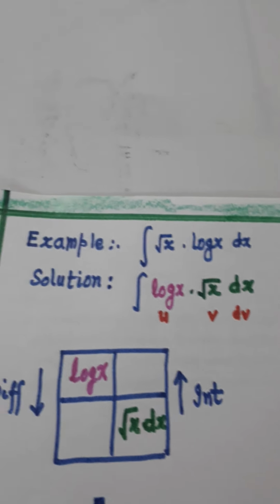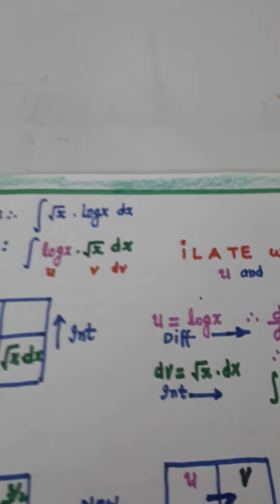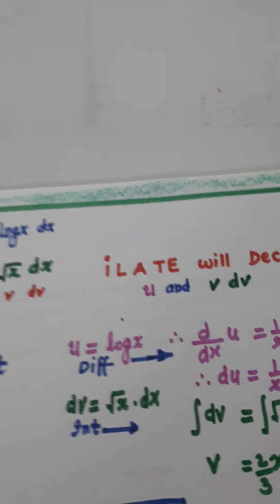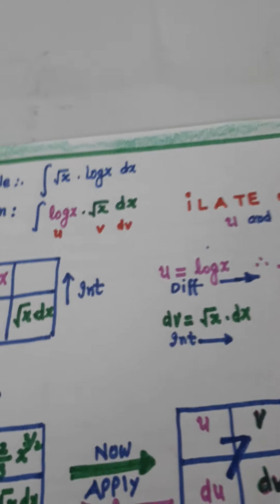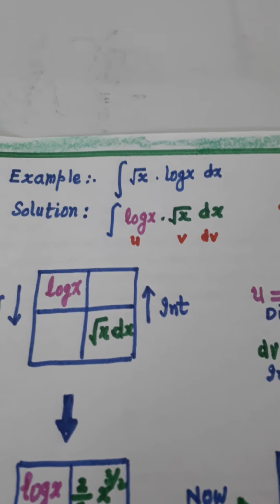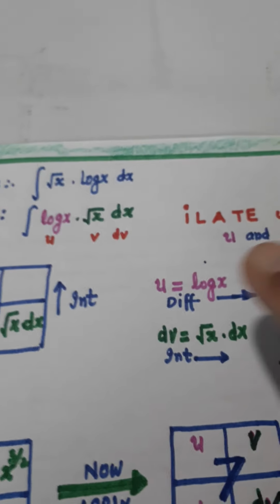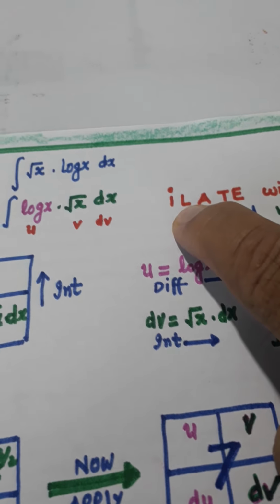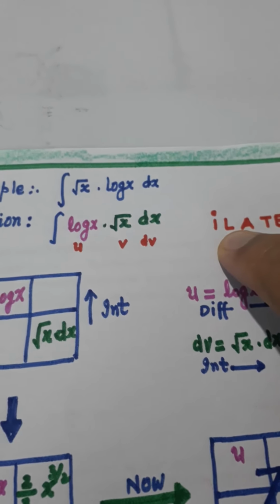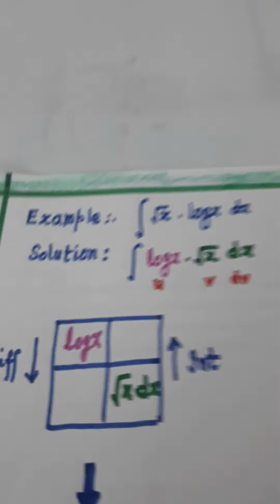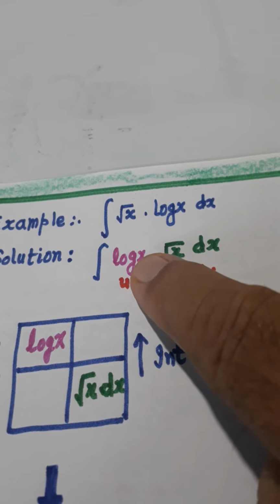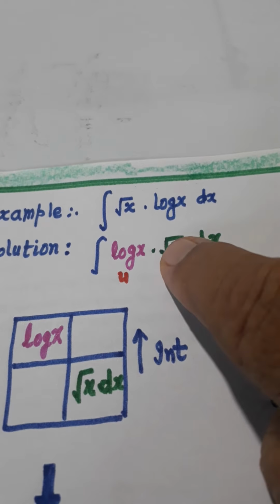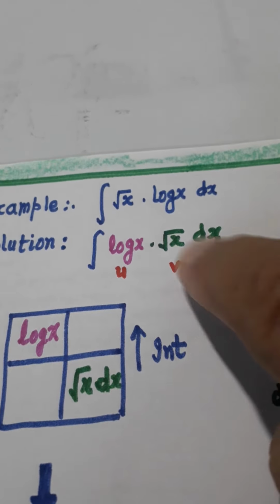Now the first step, as you know, is we will go to ILATE to decide which will be our u and which will be our dv. Look here, in the sequence L comes first. So it will be our first function, that is, it will be u, and the remaining part will be dv. So look here, log x will be u, root x is v, and this will be dv.